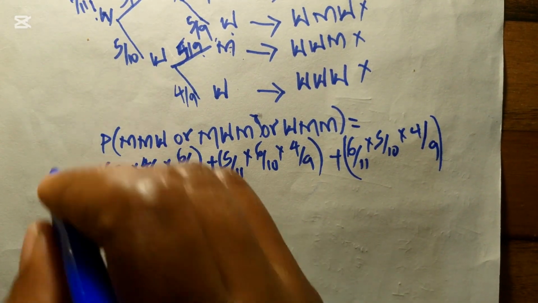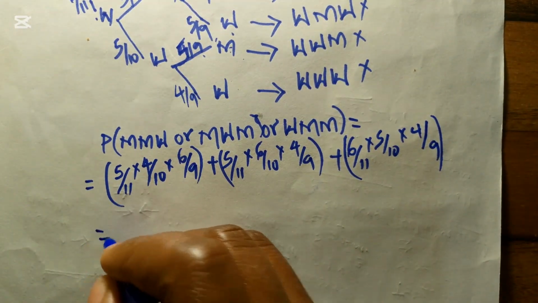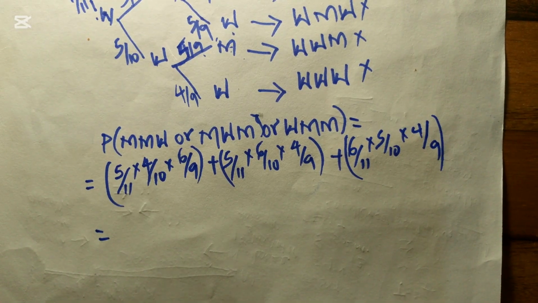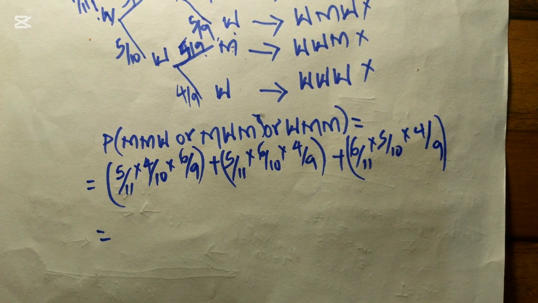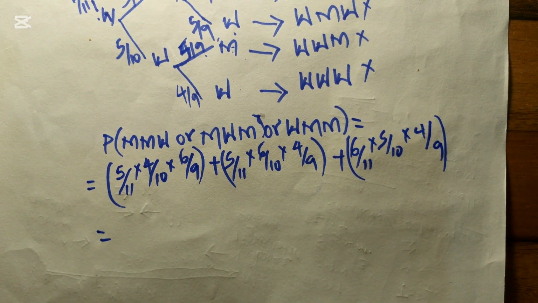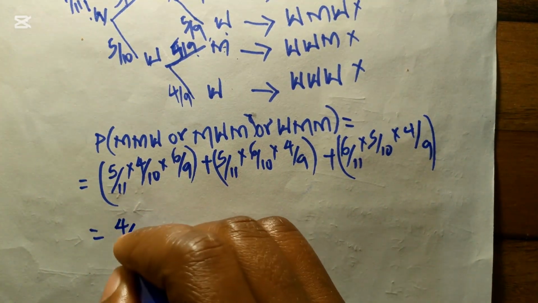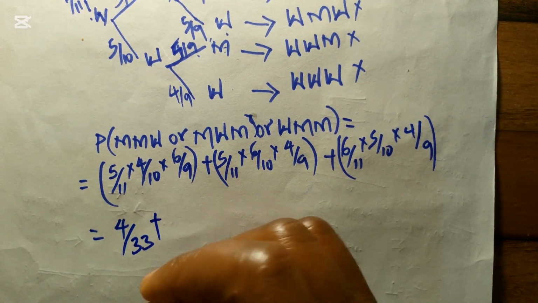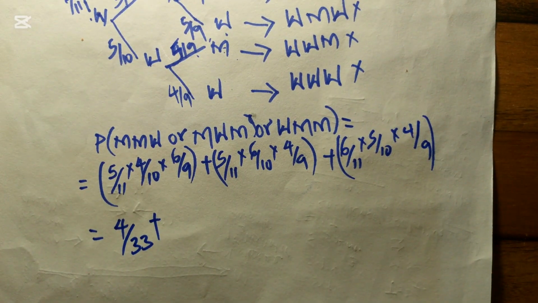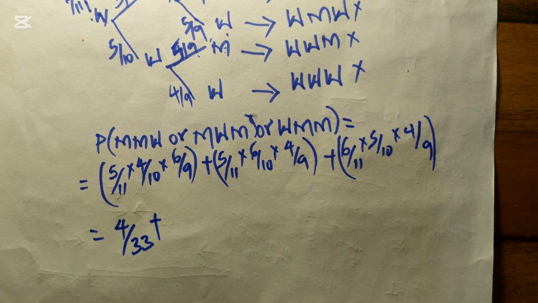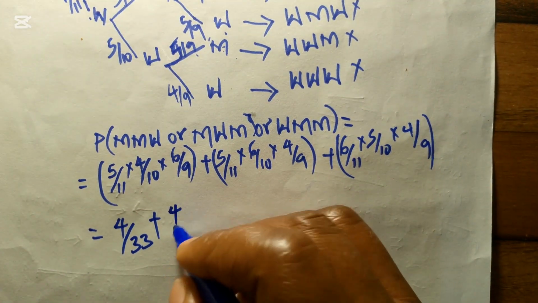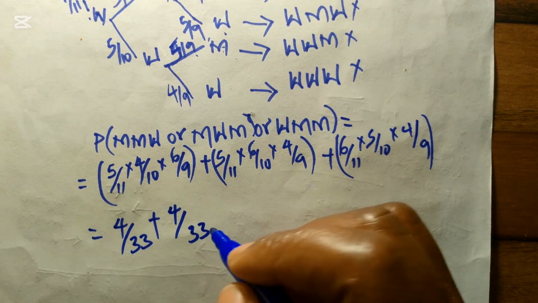Yeah. So this is giving us 5/11 times 4/10 times 6/9 is supposed to give us 4/33. Then plus 5/11 times 6/10 times 4/9 is also 4/33.